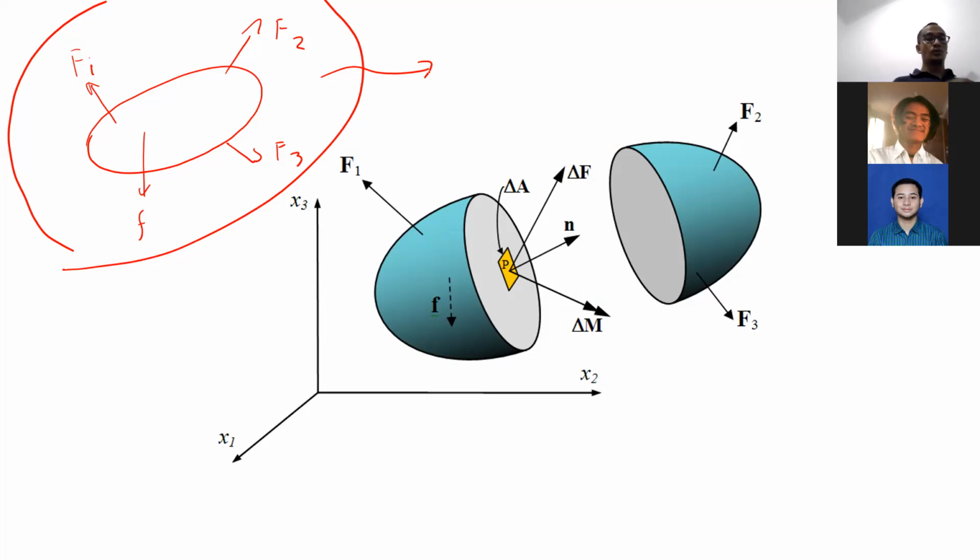Those forces that work on those are external forces. We haven't touched yet what is happening internally on the structure. We haven't touched it yet, what is happening inside of the structure.